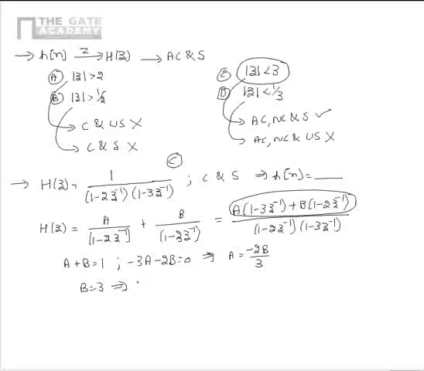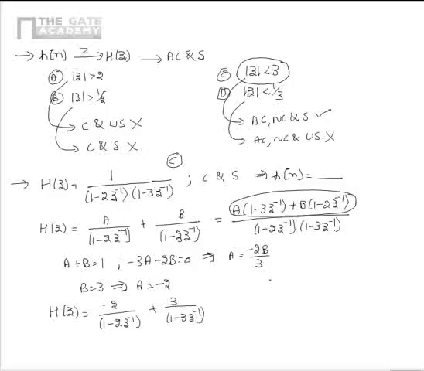From this, we can say that A is equal to minus 2. So the system function H of z can be written as minus 2 by 1 minus 2z inverse plus 3 by 1 minus 3z inverse.